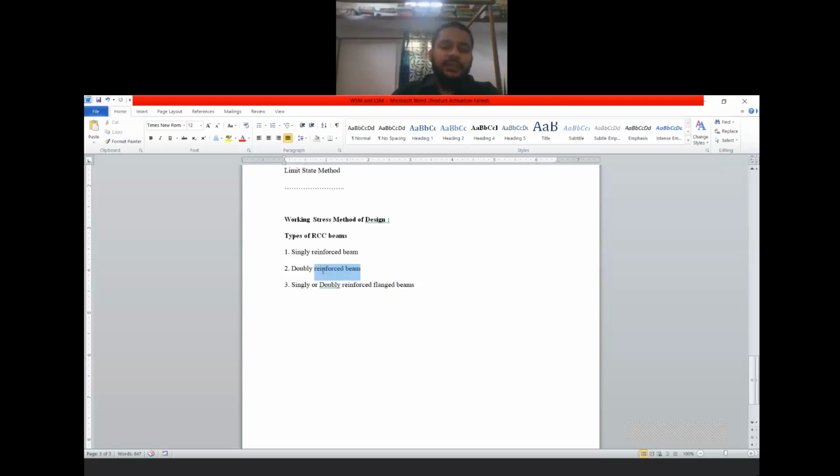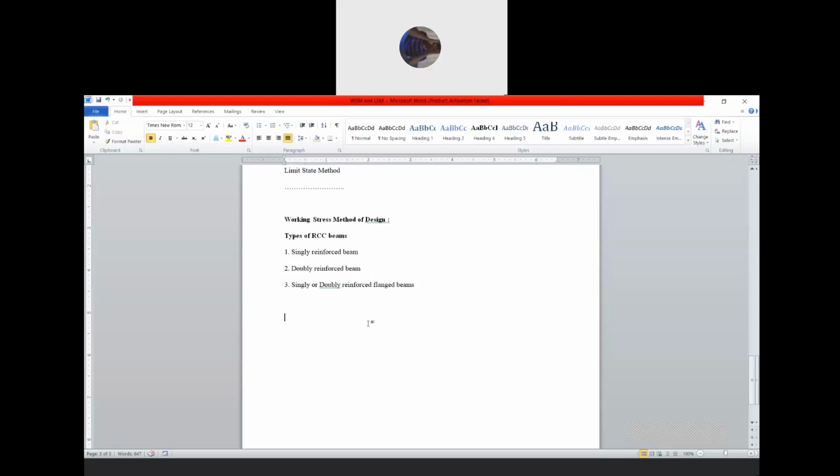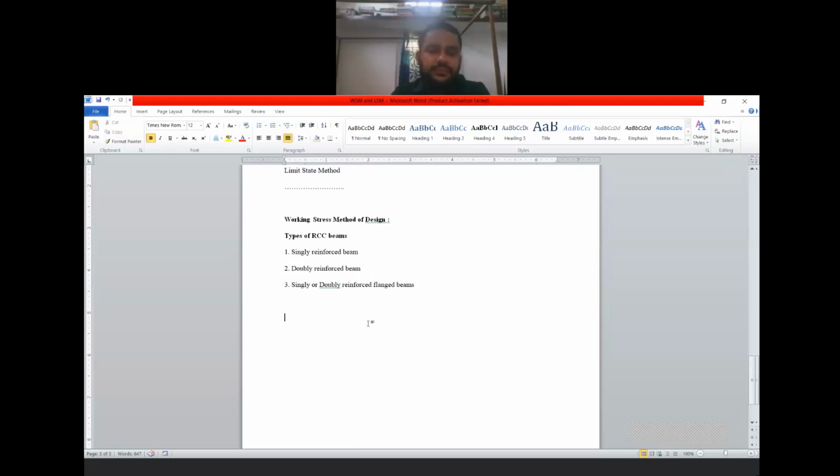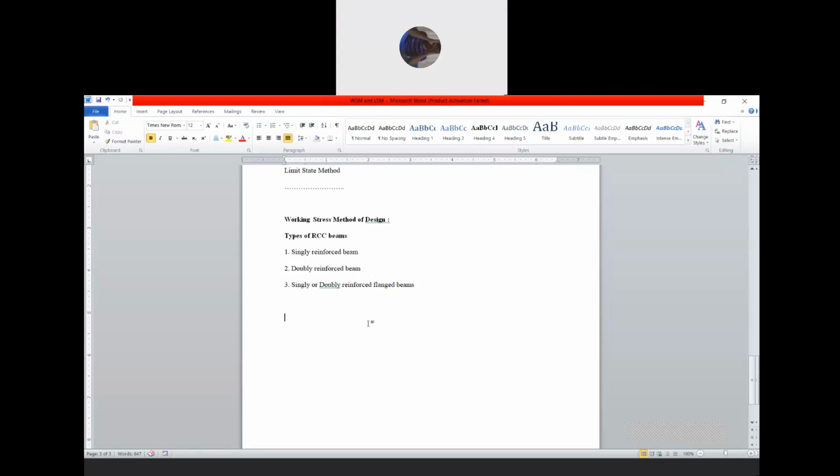Next, what is doubly reinforced beam? The name itself says the meaning. Double layer of reinforcement, I guess. Yes, double layer of reinforcement. But at which portion will we provide the double reinforcement?